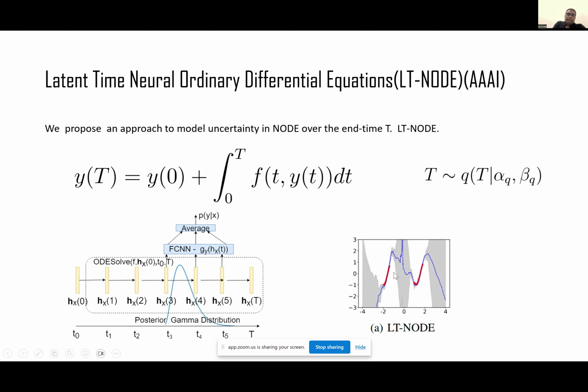As you can see, the uncertainty exhibited by our model is lesser for the training data and higher for the samples which are away from the training data. So indeed, this LT-NODE model is behaving like a Bayesian neural network by learning only the distribution over the latent end time T.